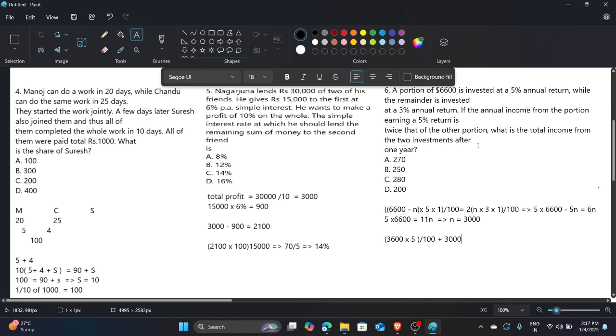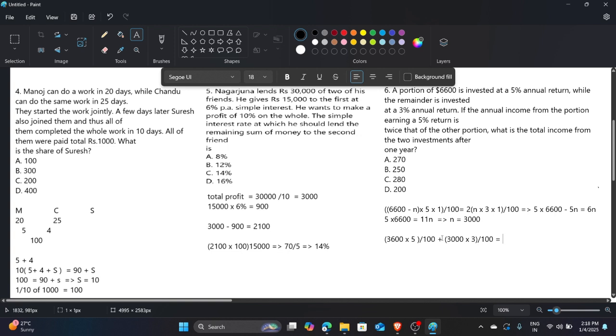3000 multiplied by 3% divided by 100 again. Do the things. What is the answer? The zeros cancel, zeros again cancel.